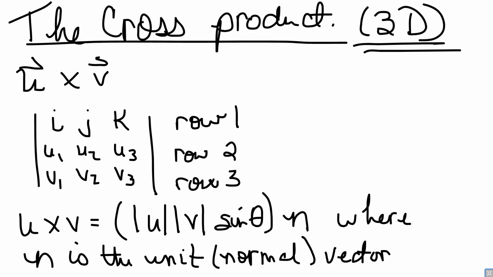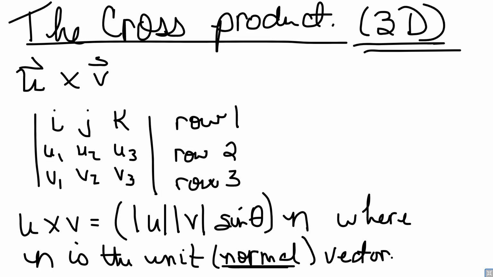We're going to talk about normal vectors a little bit later on when we are dealing with curvature and tangent vectors and things like that. So we'll talk about the unit normal vector at that time.